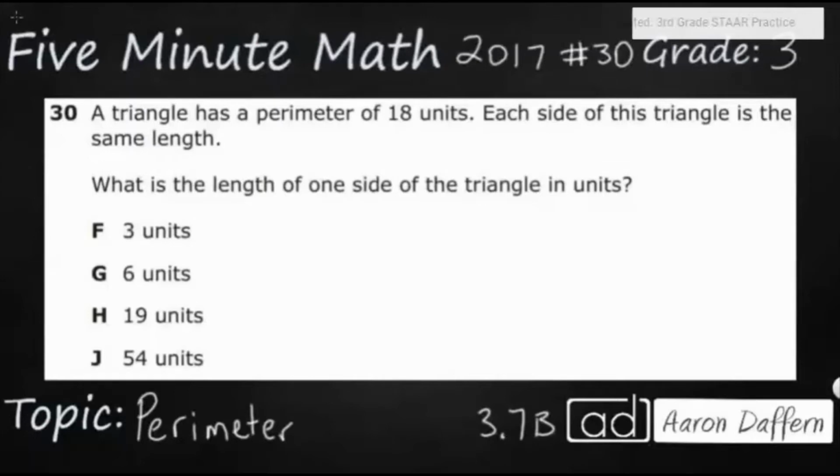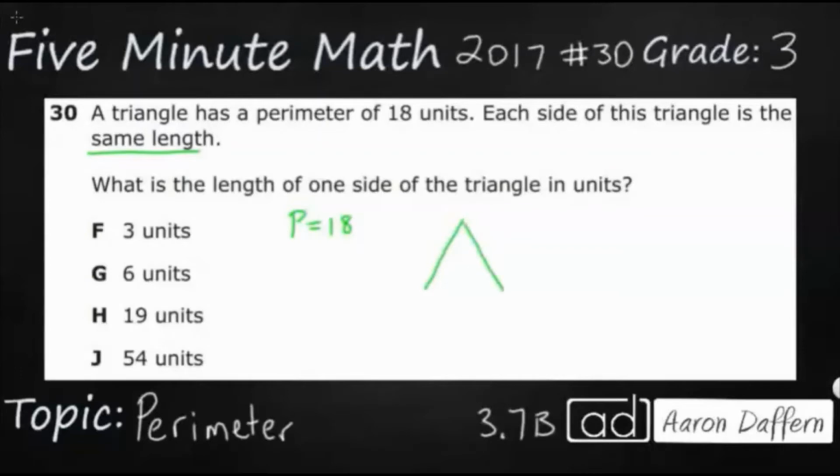It says a triangle has a perimeter of 18 units. So we already know that the perimeter equals 18. They've already given it. And it just says 18 units, which means it doesn't really matter what the units are. Each side of this triangle is the same length. So this is going to be a special type of triangle here. And so let's see if we can draw it.